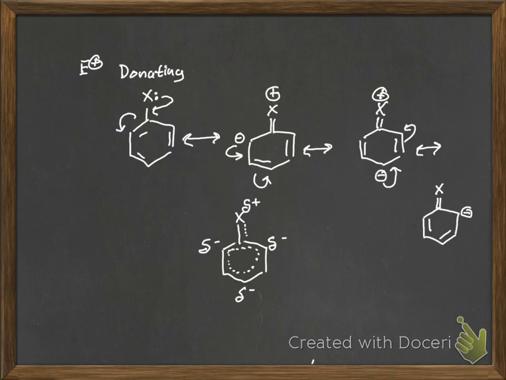All right? So just redrawing that over here, that means those 3 positions with respect to the existing X: partial negative, partial negative, partial negative. Yes, I'm leaving out the partial positive on the X because it doesn't matter.